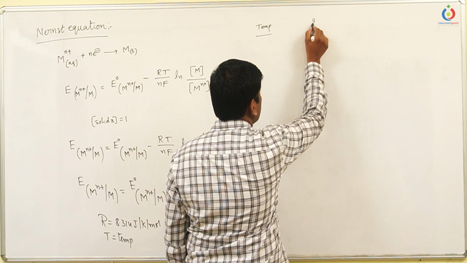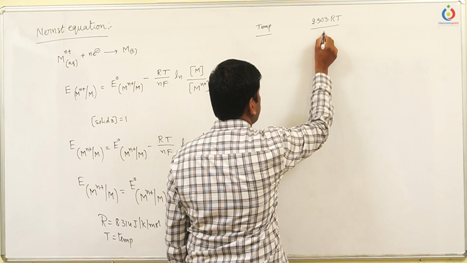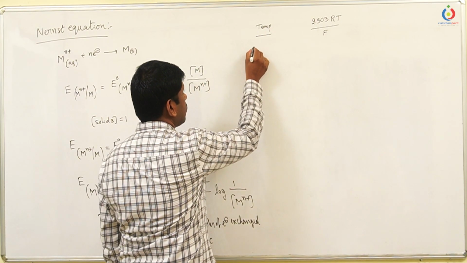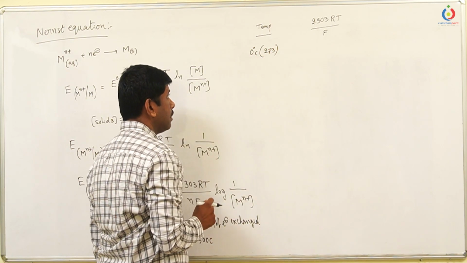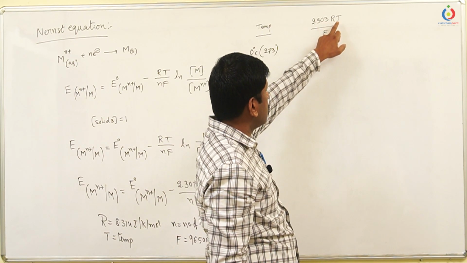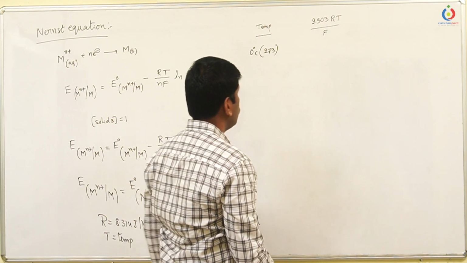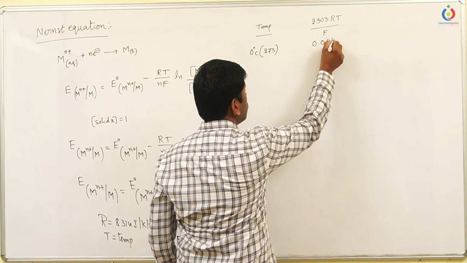Now let us take the value of 2.303 RT by F at a given temperature. If you take 0 degrees centigrade, that means 273 kelvins, 2.303 is constant, R is constant, T is 273 kelvins, F is 96,500 coulombs, and its value becomes 0.054.